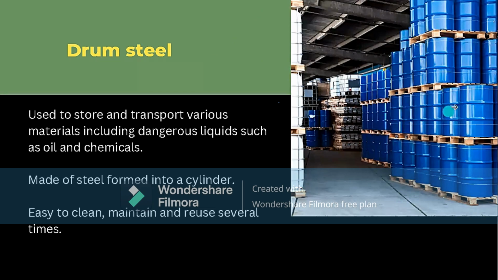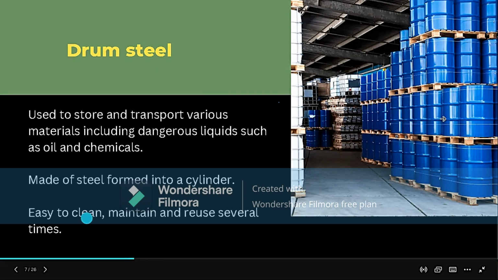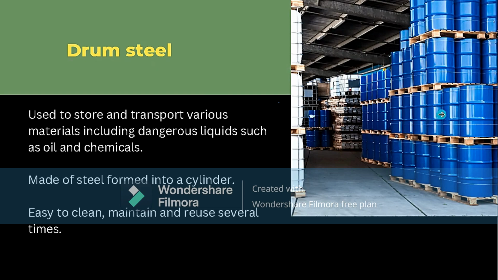As you can see in this picture, they are made from steel, blue in color, and cylindrical. It looks quite durable, is easy to clean and maintain, and can be used several times. It can also be used to store or transport food such as flour and sugar.